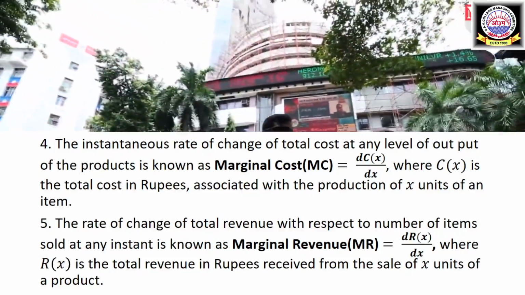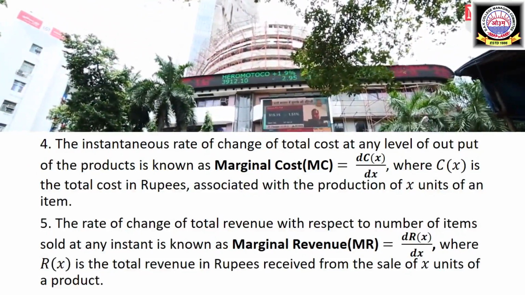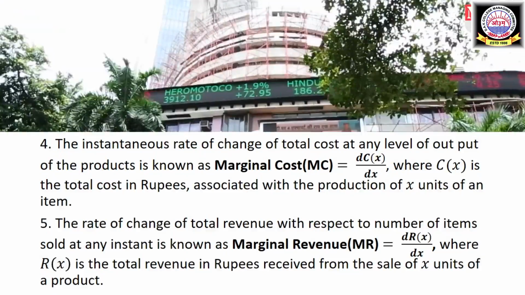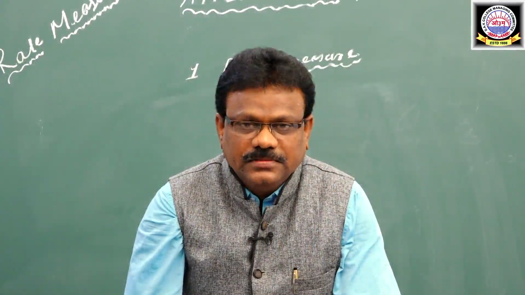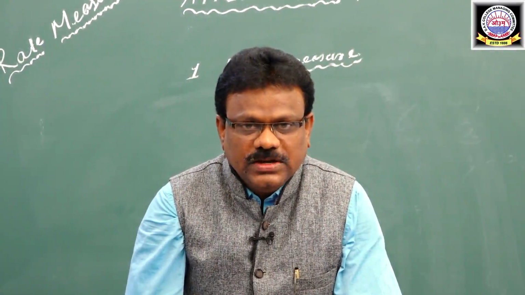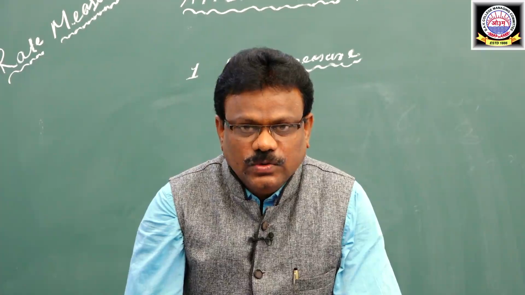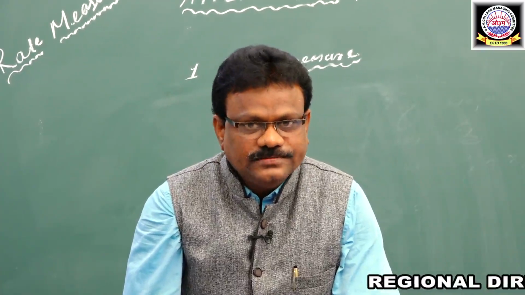Marginal cost, capital M, capital C, and marginal revenue, capital M, capital R. So, these are some applications of derivative. This is a very interesting chapter indeed, because so many applications we can do by reading this chapter thoroughly.